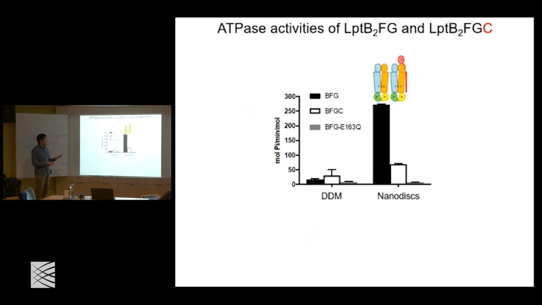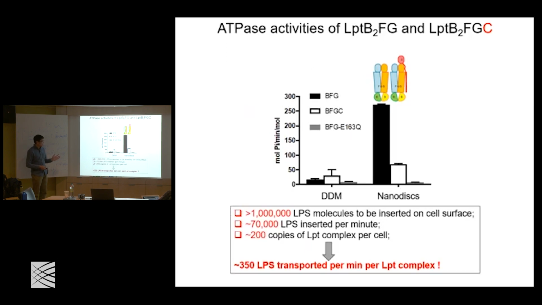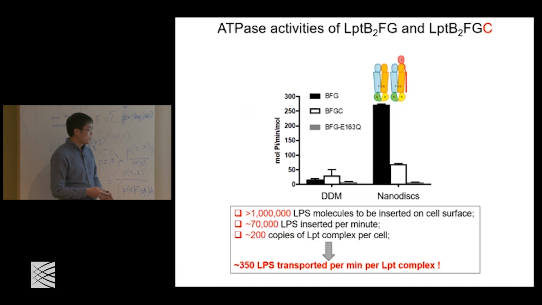To think about that more, we exercised ourselves with some numbers, but that is just suggestive, not concrete evidence. Previous studies suggest that more than 1 million LPS molecules need to be inserted into the cell surface during one generation. That means we need 70K LPS inserted per minute.